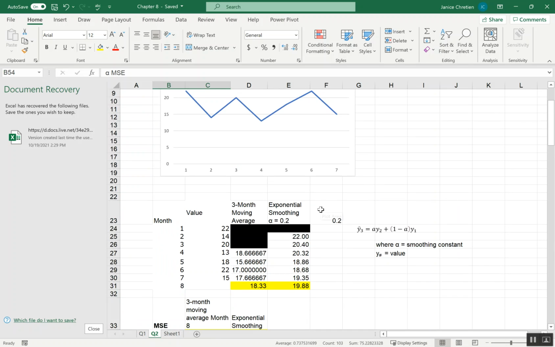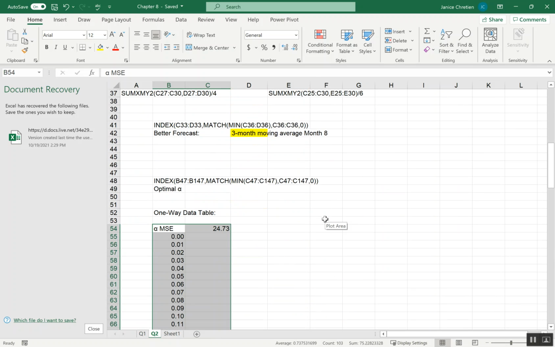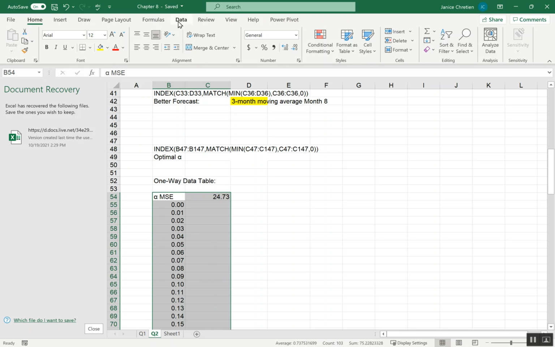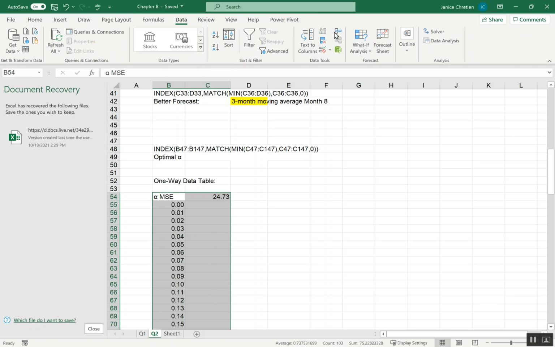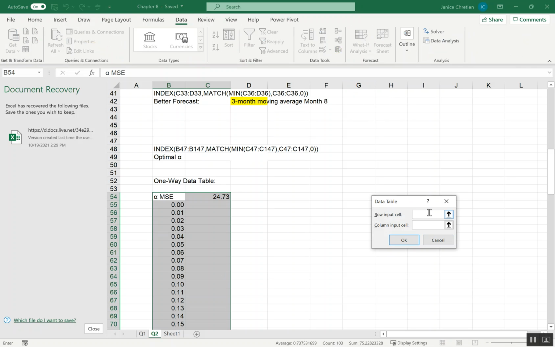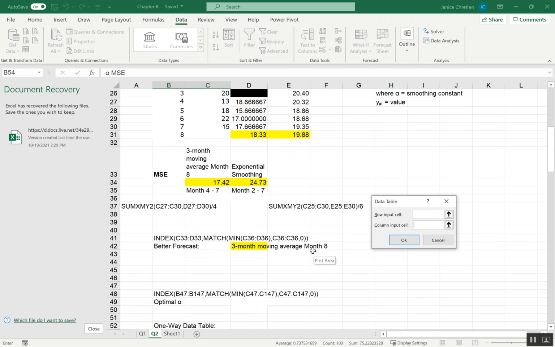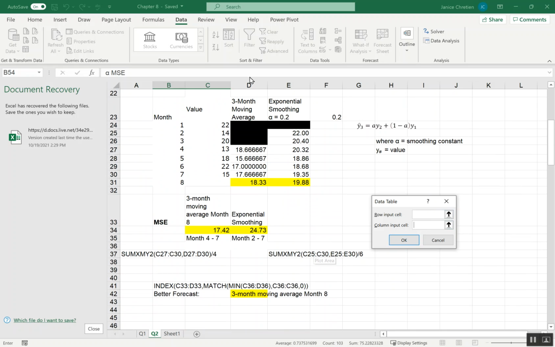Now I'm going to say data, what if analysis right here, data table. I'm not putting anything in on row input cell, on column input cell. You can't just type the number, you have to click the cell. I'm putting in my smoothing constant.